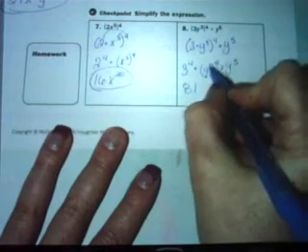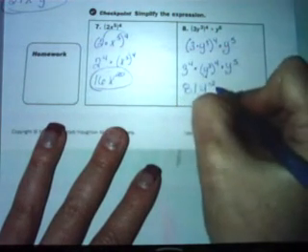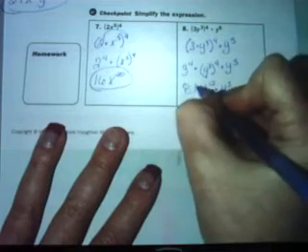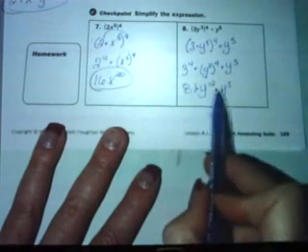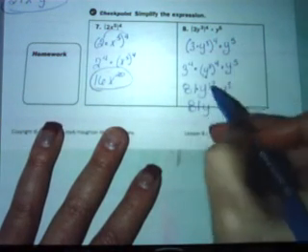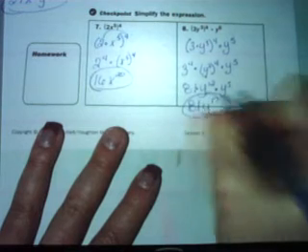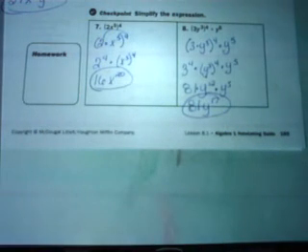Power to a power, I multiply exponents, so that's y to the 12th times y to the 5th. Okay, again, I can see I have multiplication and I'm multiplying like bases, so I'm going to have 81. When you multiply like bases, you add exponents, so 12 plus 5 is 17. And that's lesson 8.1, applying exponent properties.